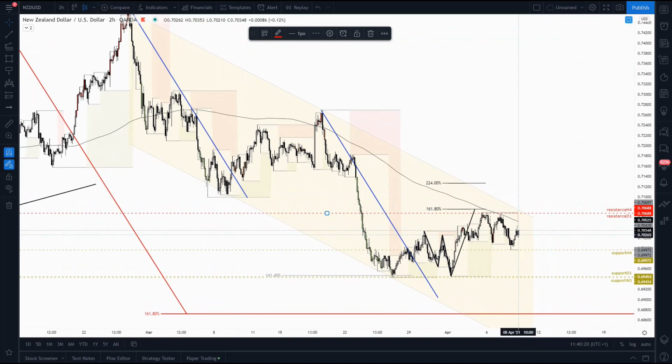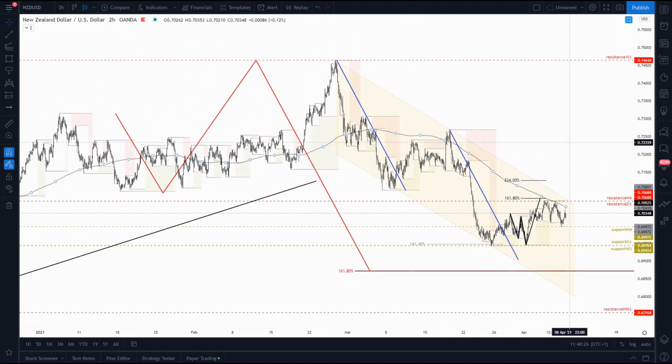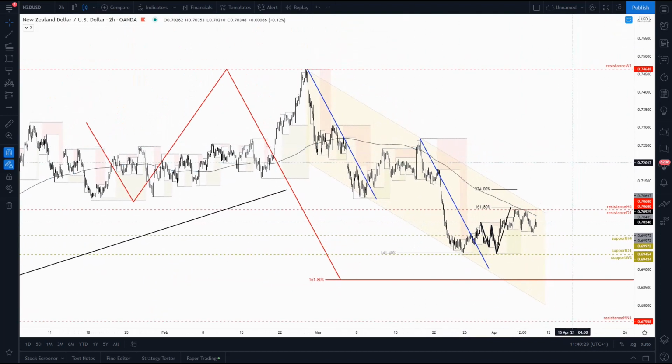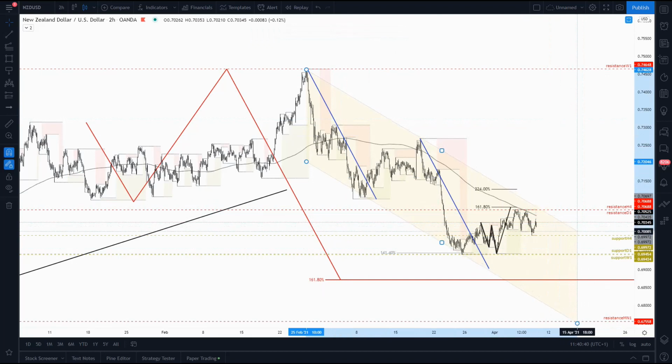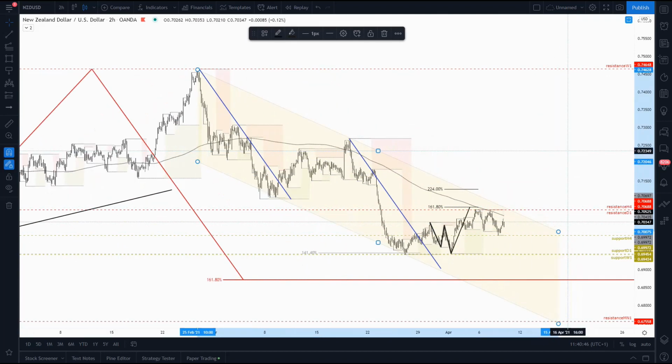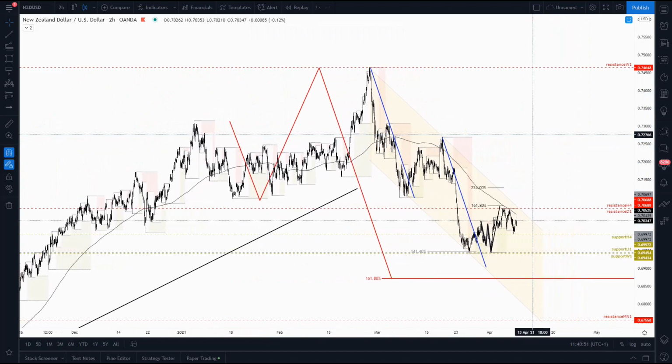From this point, because the price is still trading below this 200 moving average, I need the recovery of that moving average, which should be in sync with the breakout of this descending trend line. So if the market decides to break above this structure, I believe that should trigger more upside momentum for New Zealand versus dollar.